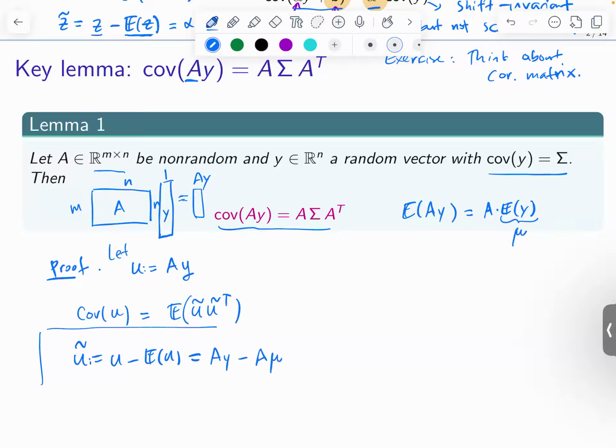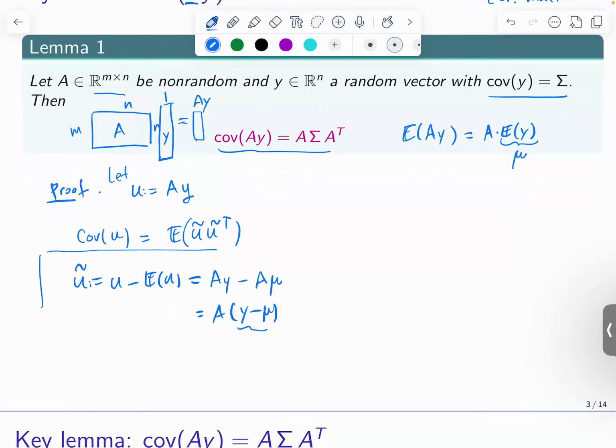Then it would be mu. What is the next simplification? Factor this out. Okay, next. What's your name, by the way? Henry, okay. Can you do the next step?